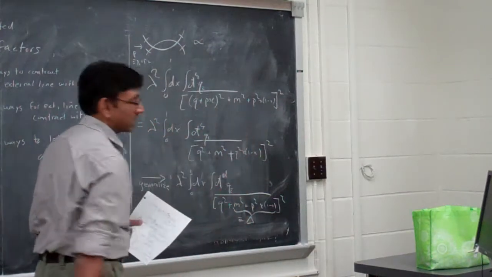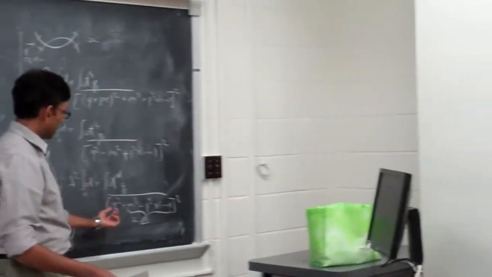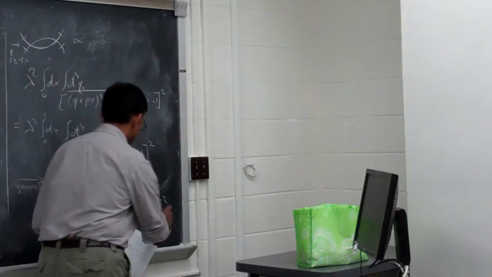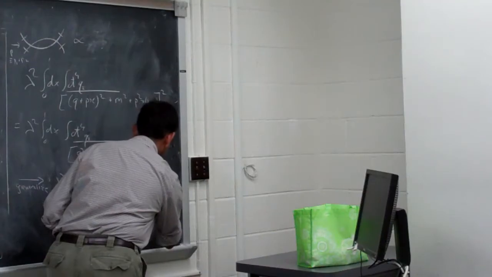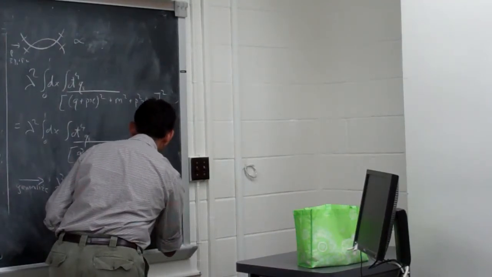By which I mean just something independent of q squared, a complex number independent of q squared. Of course, there's a plus i epsilon there. It's a complex number independent. No, there isn't. Sorry, there is.